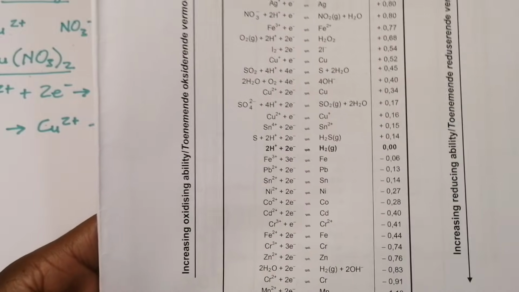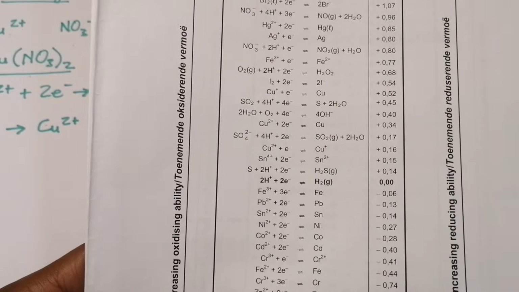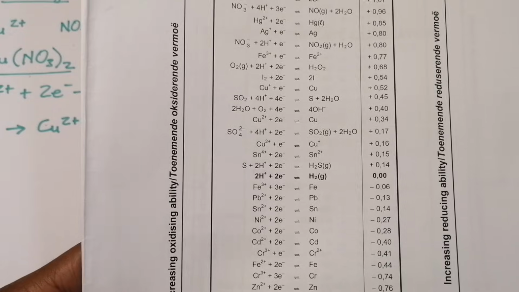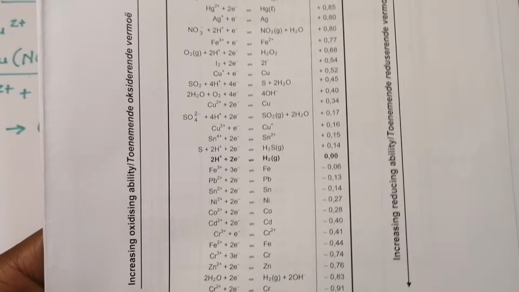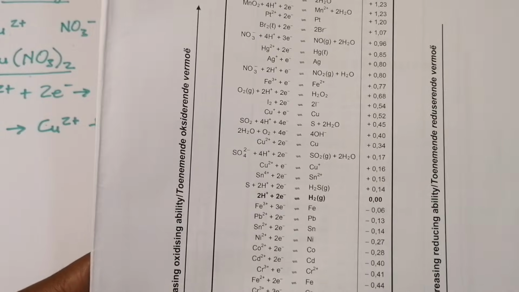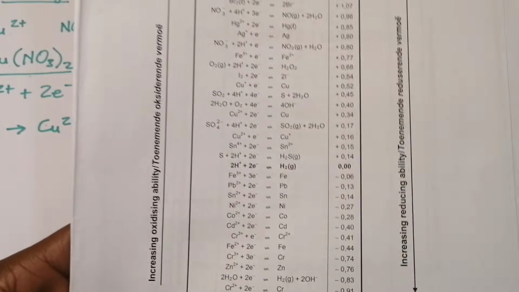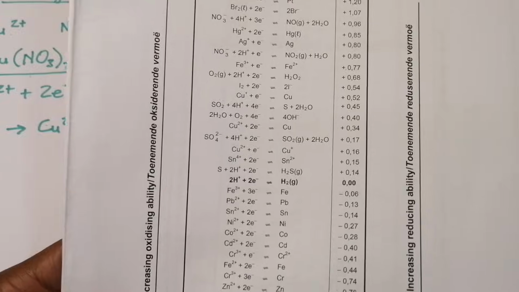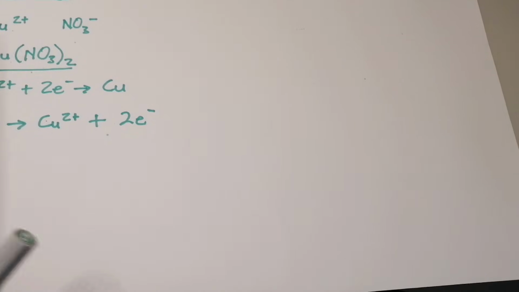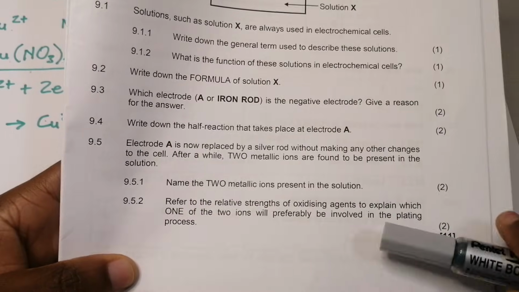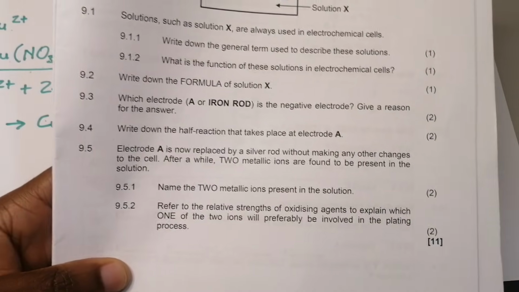It means it has a higher strength of acting as an oxidizing agent. As a result, you'd find your cell actually covered with silver, or plated with silver. Why? Because it's got a higher strength as an oxidizing agent.